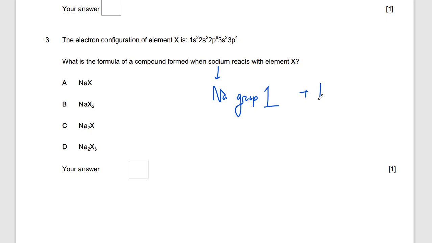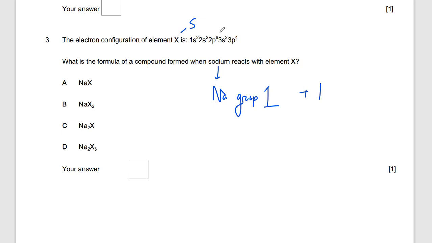That is important because what we need to figure out now is what element X is. Now, if you really want to, you can just look on the periodic table and see which one it is. Because if you know how many electrons there are, 16 electrons, you can have a quick look, and element X is very clearly sulfur. At this point, the question becomes fairly easy.